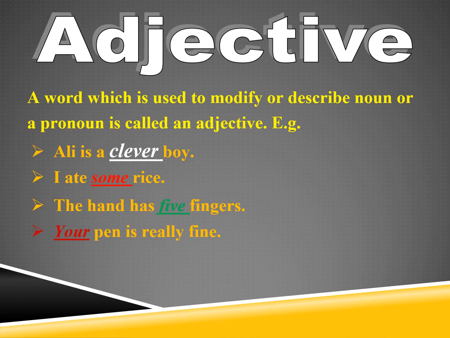Your pen is really fine. Here the word your is an adjective because it shows the belonging of pen to somebody. Each student of the class has a pen. The word each in this sentence is an adjective because it has been used to describe the noun student after it.